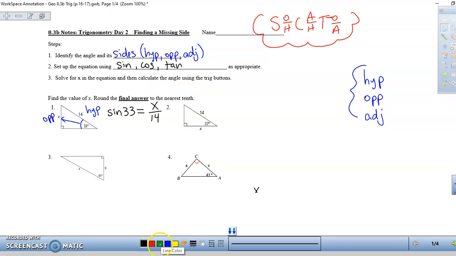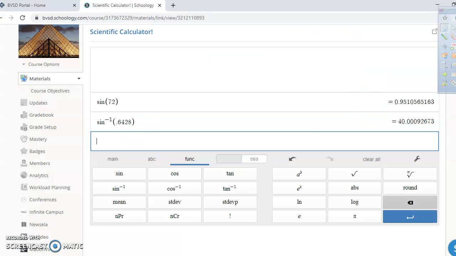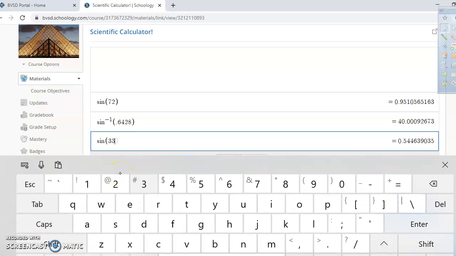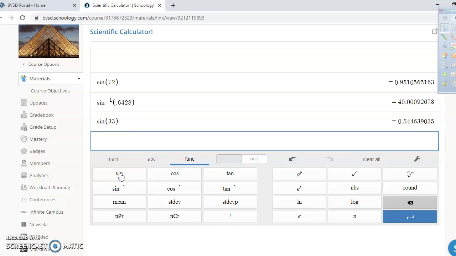All right, so I'll do it the long way first. So what you want to look at here, sine of 33. Okay, so I'm going to go back to my calculator. And I'm going to hit sine of 33 and hit enter. Okay, sine of 33 is equal to 0.5446.